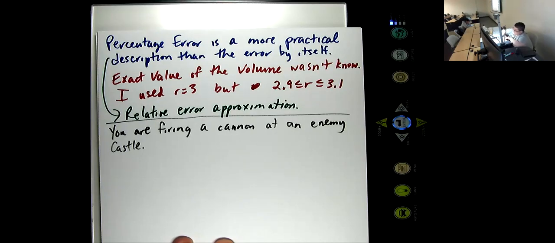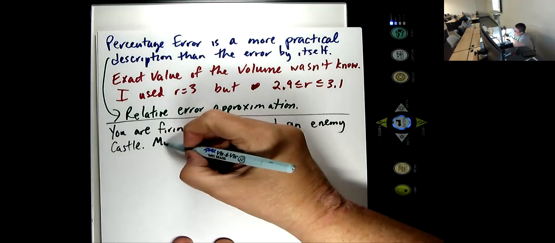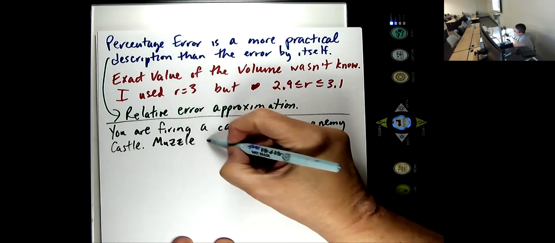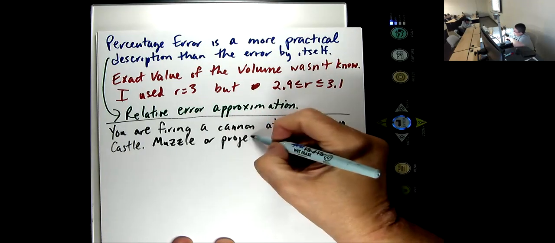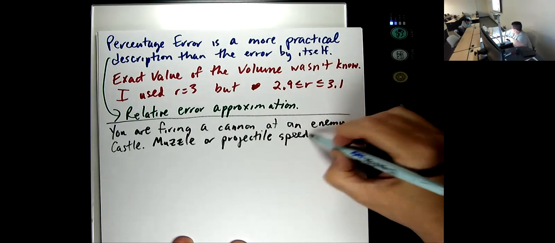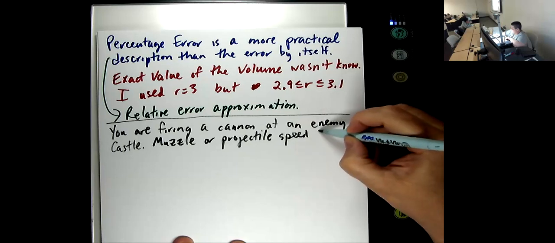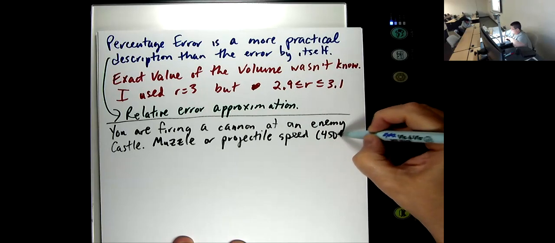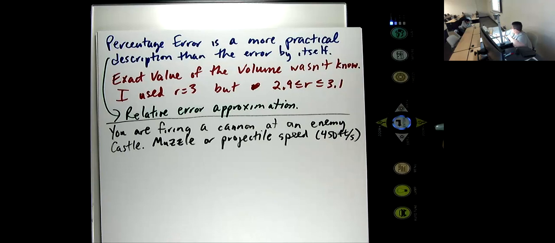The projectile speed, or muzzle speed, is 450 feet per second. That cannonball's going fast.